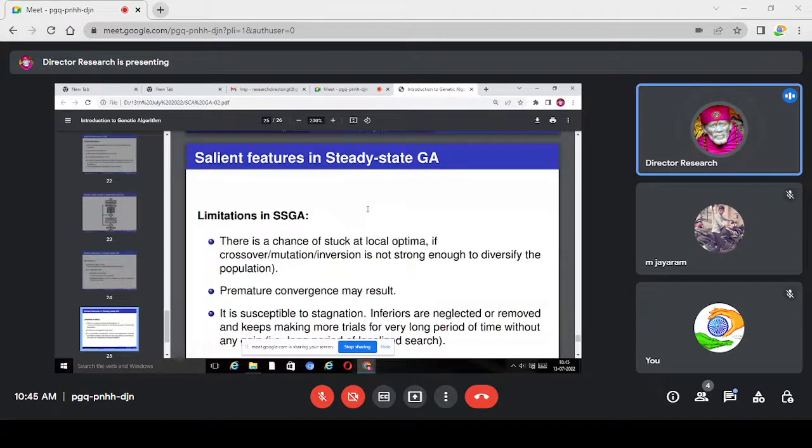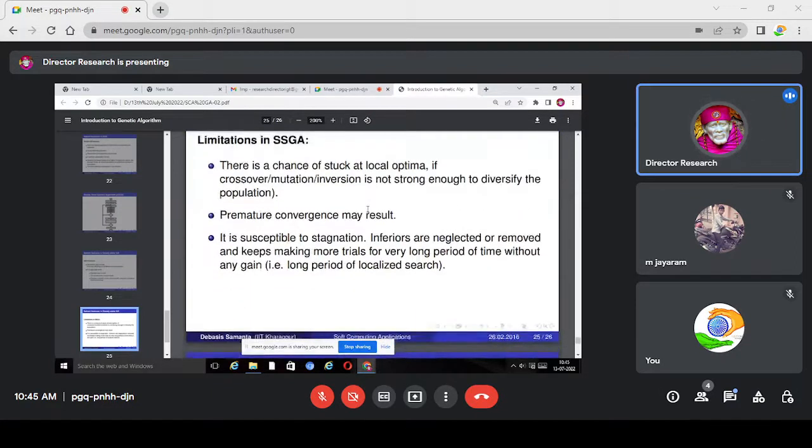Limitations of steady state genetic algorithm: there is a chance of getting stuck at a local optima if crossover, mutation and inversion are not strong enough to diversify the population. Premature convergence may result. It is susceptible to stagnation. Inferiors are neglected or removed, and it keeps making more trials for a very long period of time without any gain. Long-period localized search.